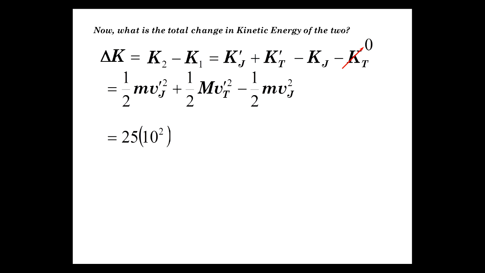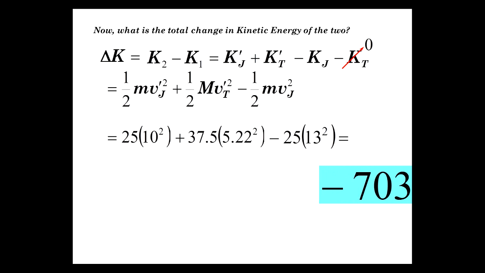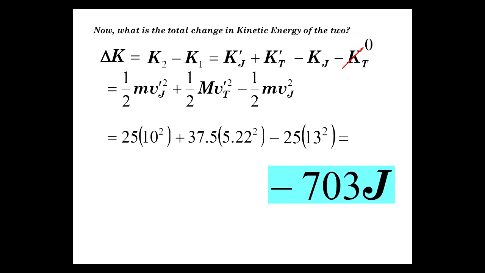Half of Jenny's mass, 25 times 10 squared, plus 37.5 times 5.22 squared, we just solved for Troy's speed after, minus 25 times 13 squared. And there you go: minus 703 joules. So 703 joules were lost to heat in the interaction.